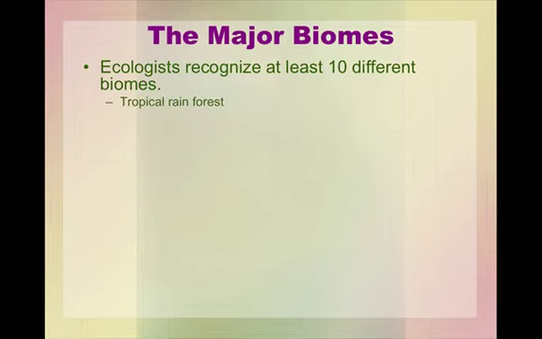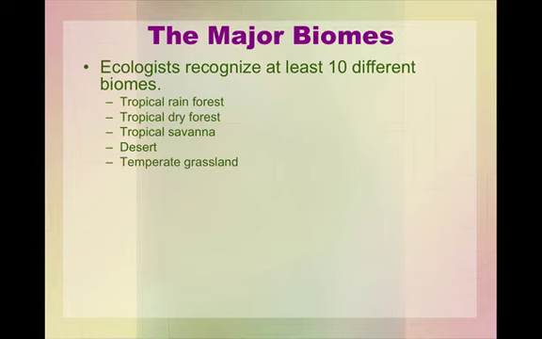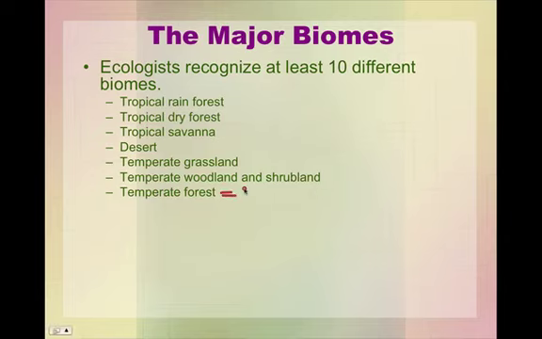They are tropical rainforest, tropical dry forest, tropical savanna, and the savanna is what you're going to get in Africa, the desert, temperate grassland, temperate woodland and shrubland, temperate forest, and when you think about temperate forest, this is Wisconsin.